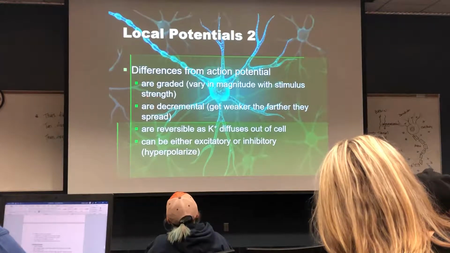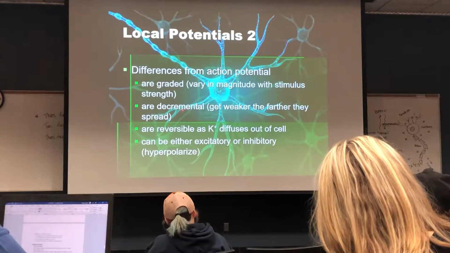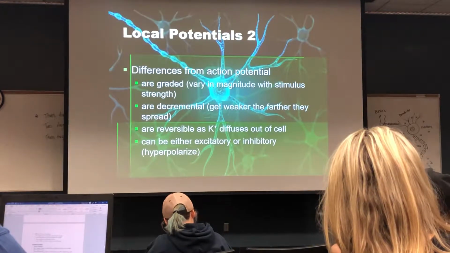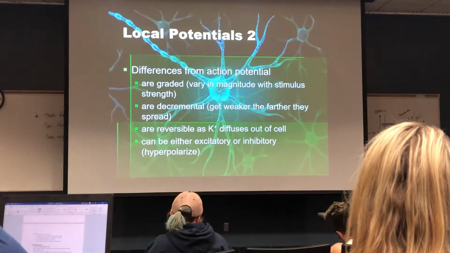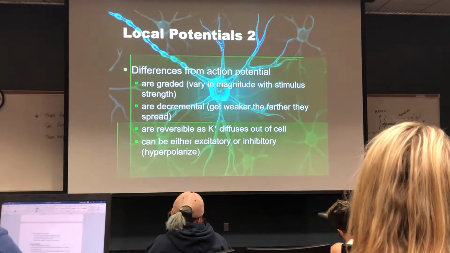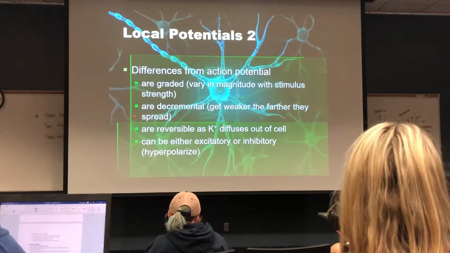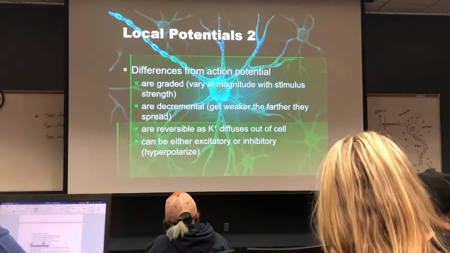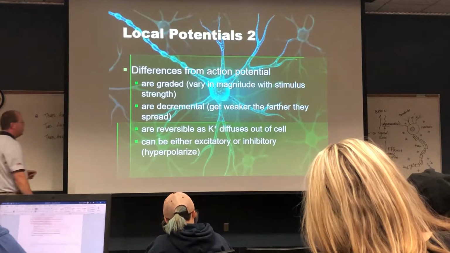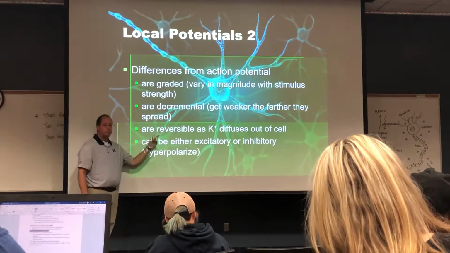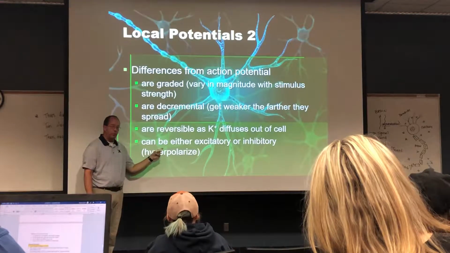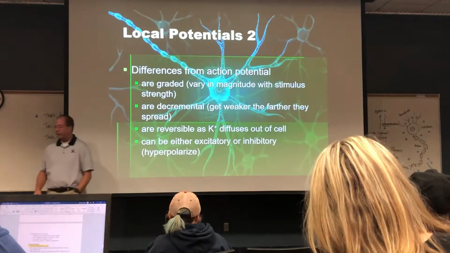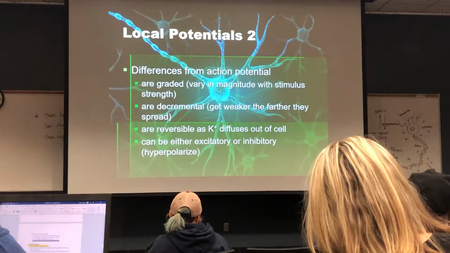It says that a local potential becomes weaker as it gets farther away from the cell body, so they become decremental, which means weaker. Look at this. This is something that an action potential would never be. A local potential can be reversible. Go backwards. And here's the big part: it can be either excitatory or inhibitory.